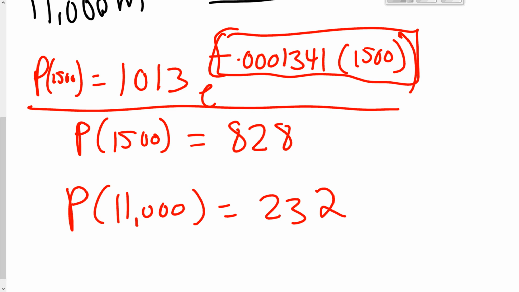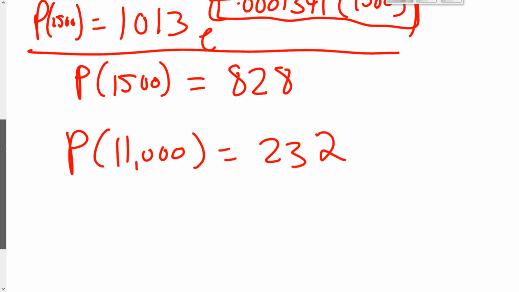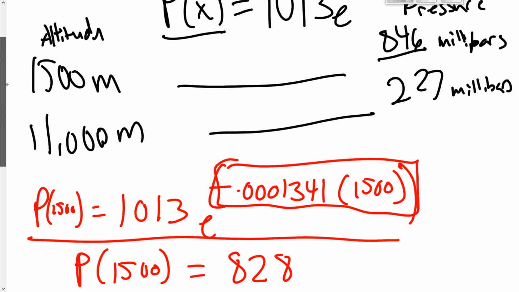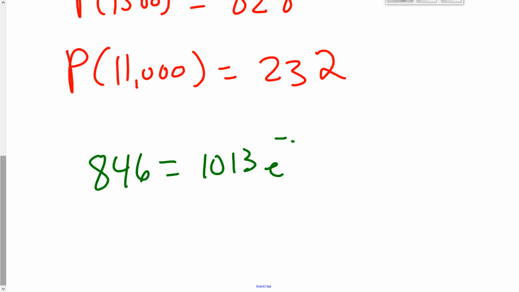So now it's going to go backwards, and you're going to put in the pressure here. Okay, so now I'm going to put in the pressure, which is 846 and 227. So 846 is equal to 1013 e raised to the negative 0.0001341x, and now I'm solving for x.